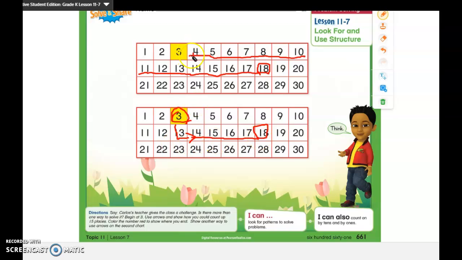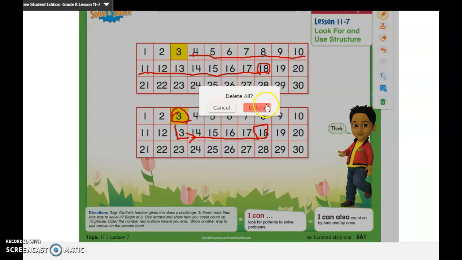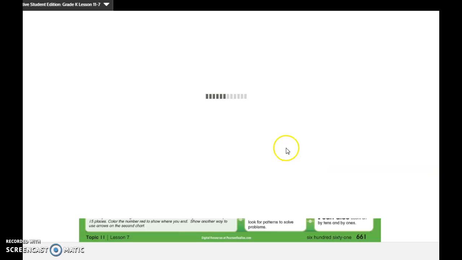Or you can just say, I'm going to count all the way up to 15. Now, the only reason this is going to get hard is because sometimes some of the other questions are going to ask us to count up a lot. Maybe like count up 35 more. Counting all the way to 35 can be a little time consuming. It might take us a while.